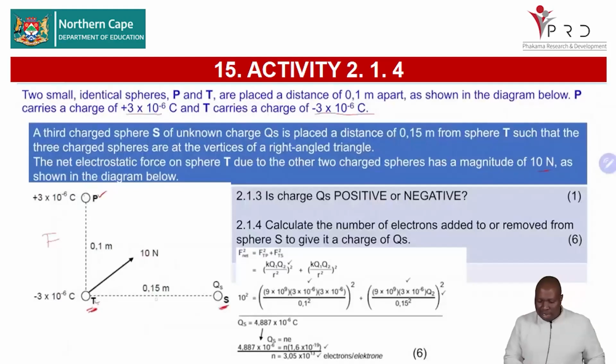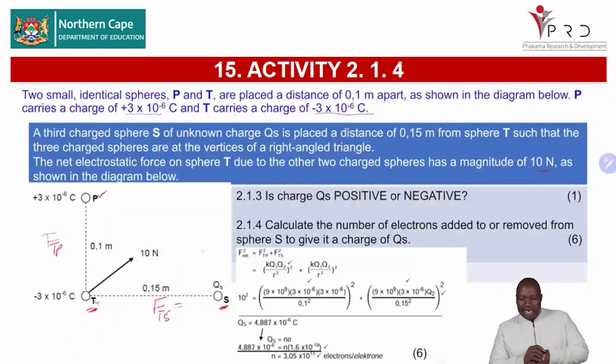So we have the first force, which is FTP, this one, and FTS, this one. We have to calculate all these forces and then add them. Remember, it is their squares that we are dealing with.